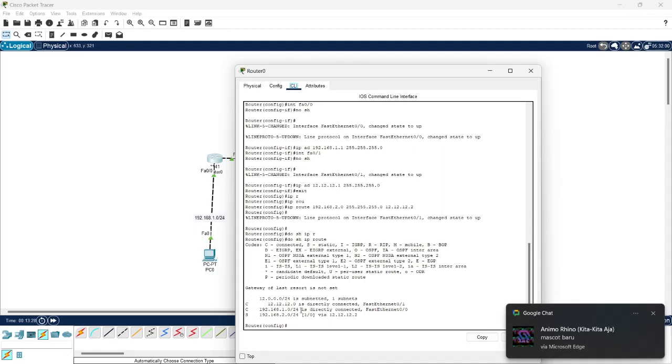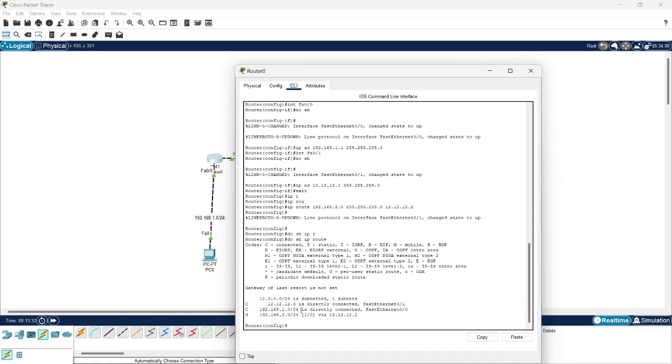In other words, they are just directly connected. So we have to configure the static route that makes the routers or the clients able to connect.